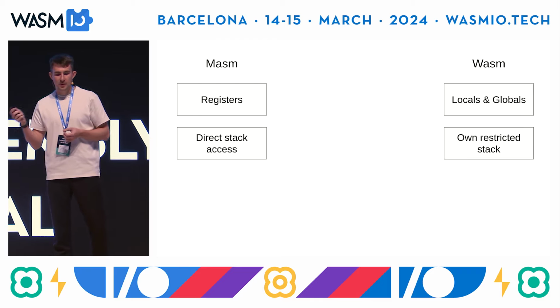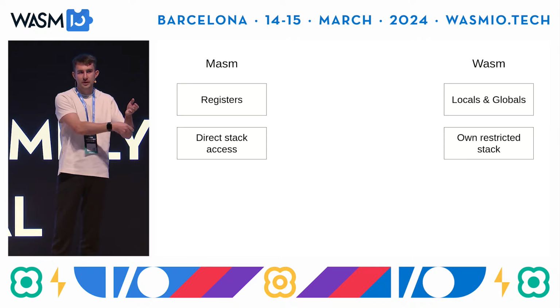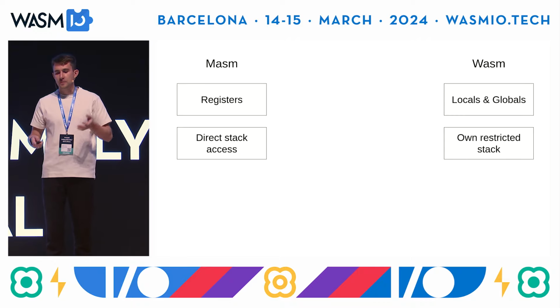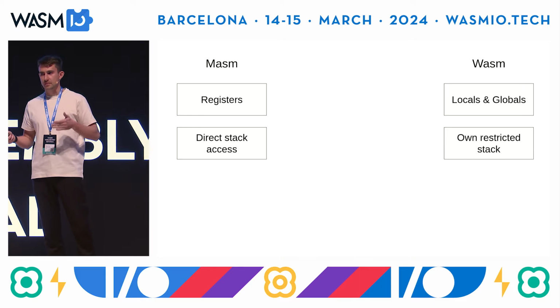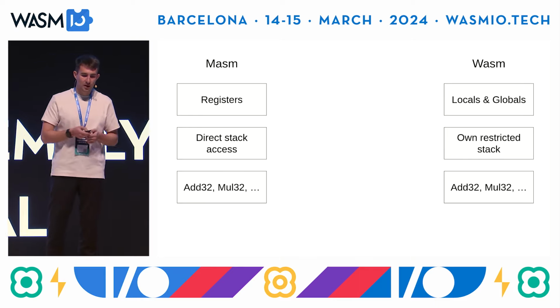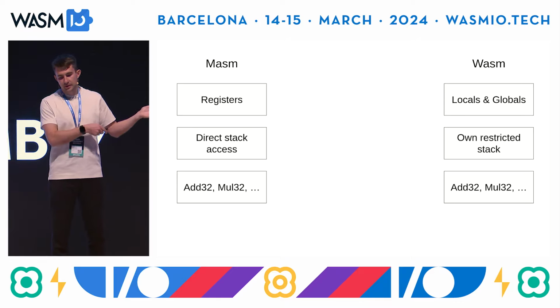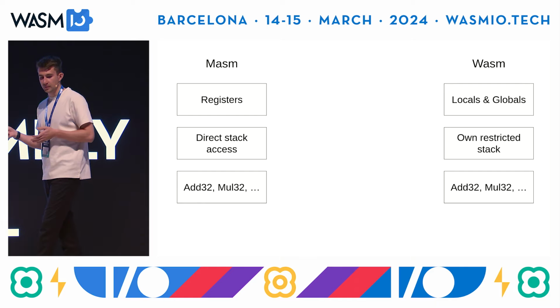And in the macroassembler we have direct stack access. For example, we can unwind a few frames, and it's easy to do, but in WebAssembly we have our own restricted stack that can be manipulated only with WebAssembly instructions. But hopefully we have an almost similar set of instructions on both sides.